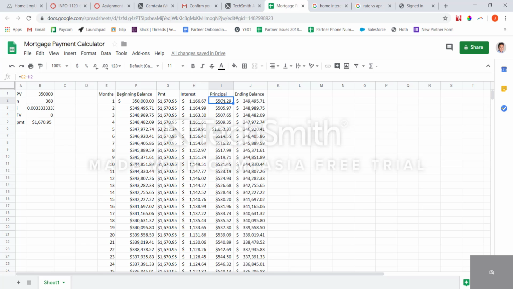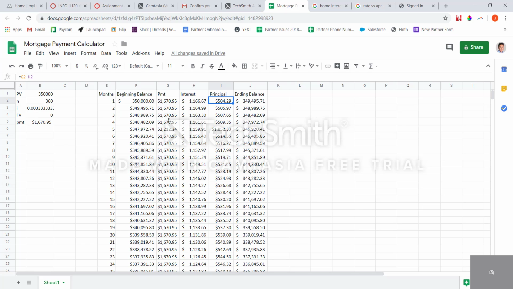And then principal is the payment minus the interest, and then you get the principal. And notice how only the principal is making a dent on the balance. Only your principal is going towards paying off this house. The interest is just something you have to pay because you borrowed from the bank.